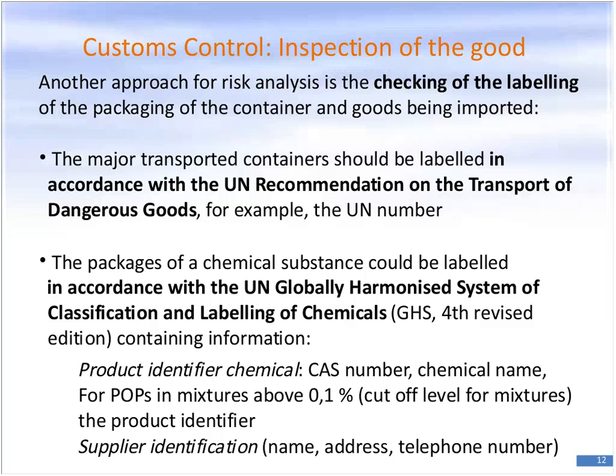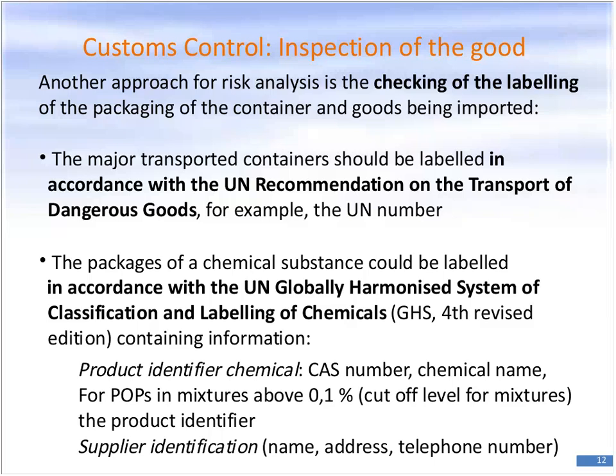0.1%. There is in the GHS a level which says that for certain properties in the mixture, any component in the mixture above 0.1% has to be indicated on the label with CAS number and chemical name.